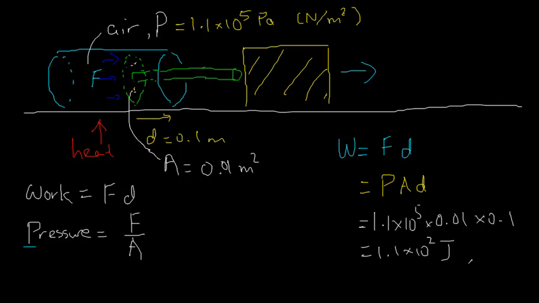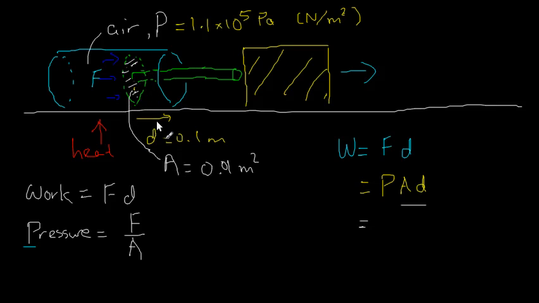Now, what I like to do is go back to this expression here, P times A times D. I like to write this a bit differently. I like to look at this A times D. A is the area here, and D is the distance it has moved.